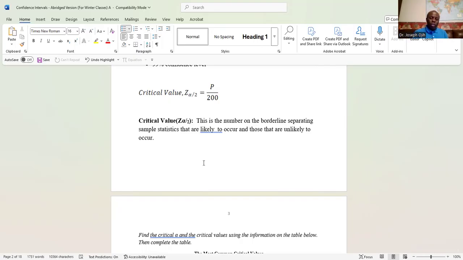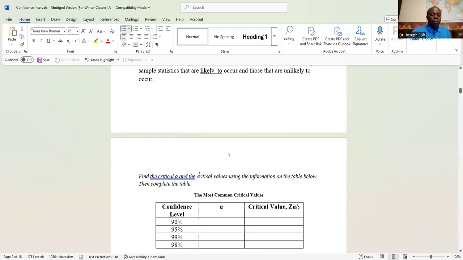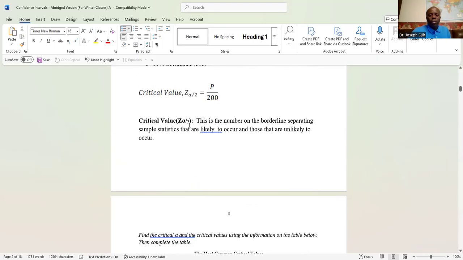There's always room for corrections. We call it critical z alpha over two. Alpha over two, because there are two values, so you divide by two to get the lower and upper.